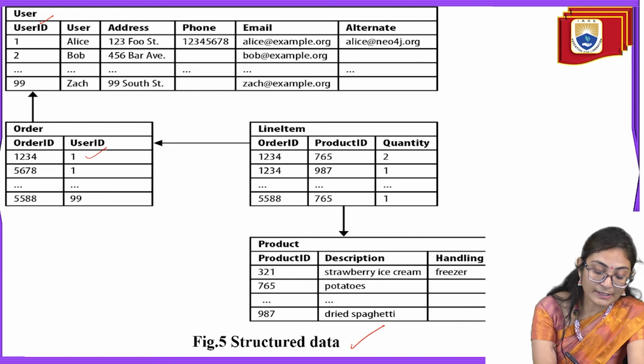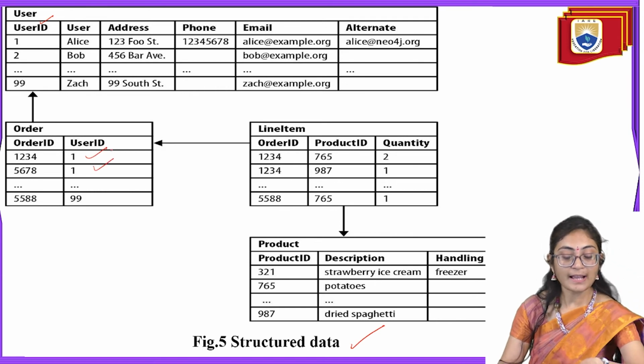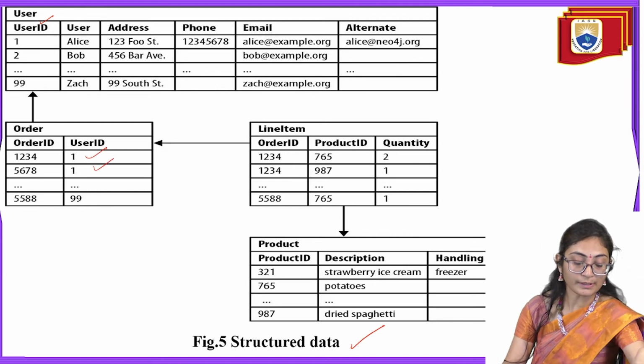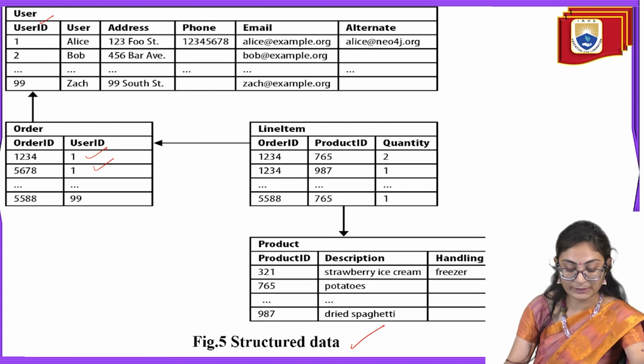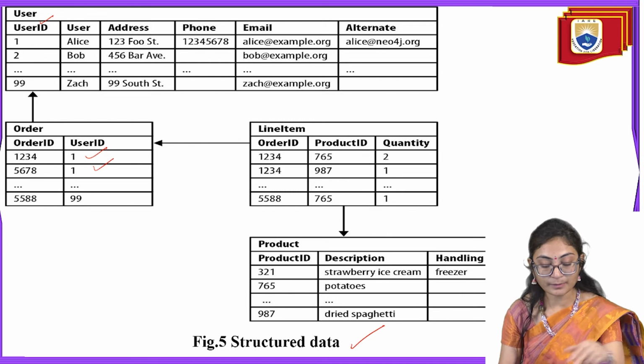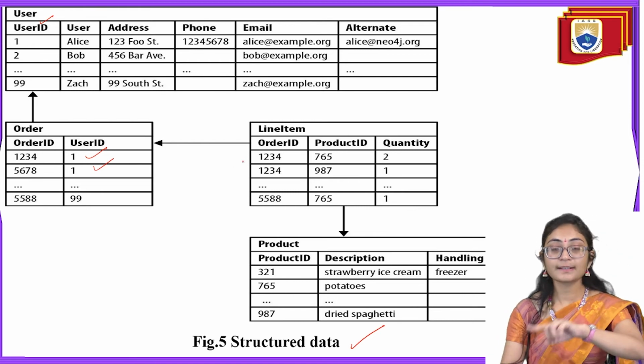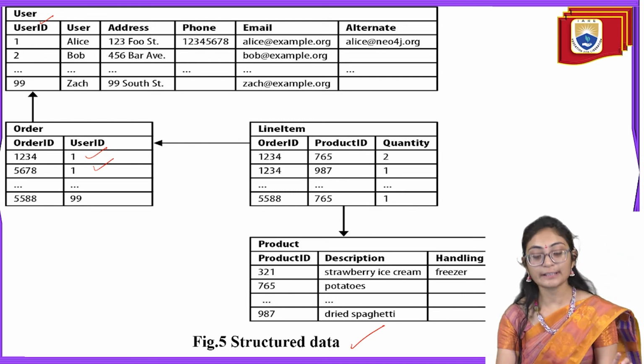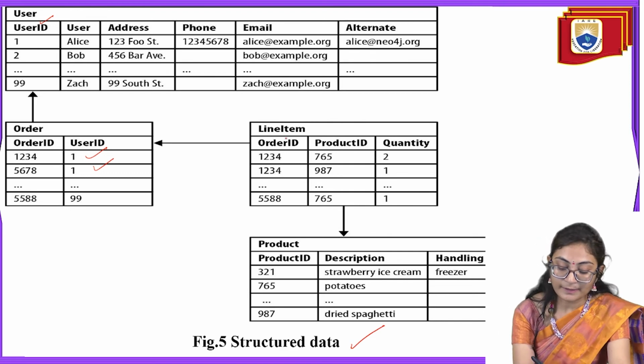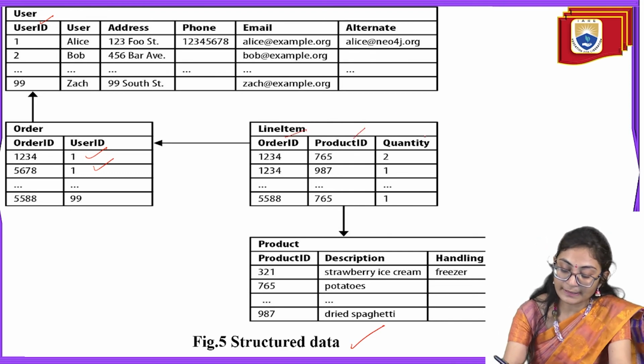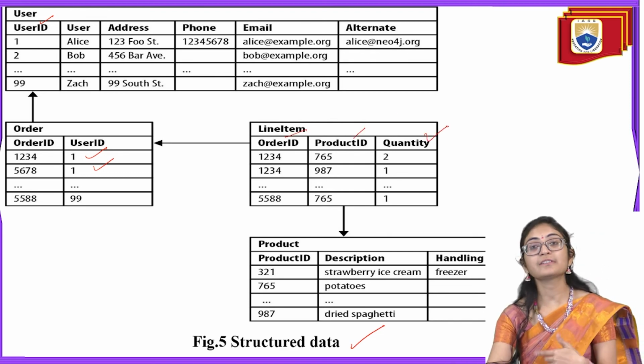With user ID 1 has ordered order IDs 1, 2, 3, 4 and 5, 6, 7, 8 products. Then the line item is linked with the order table, and this will contain some order ID, product ID and quantity. It is showing the quantity.